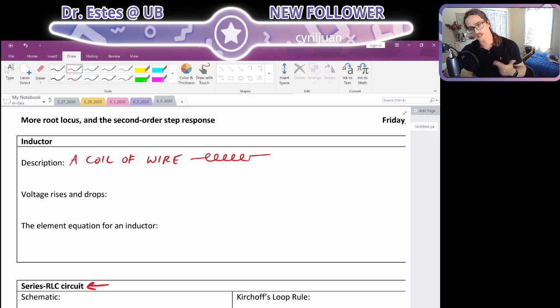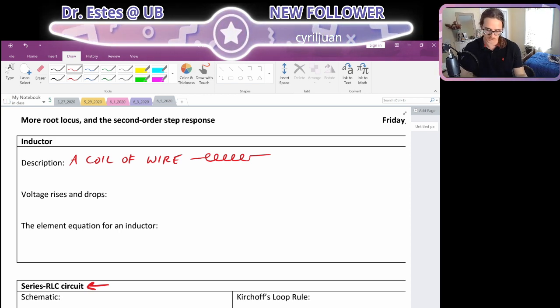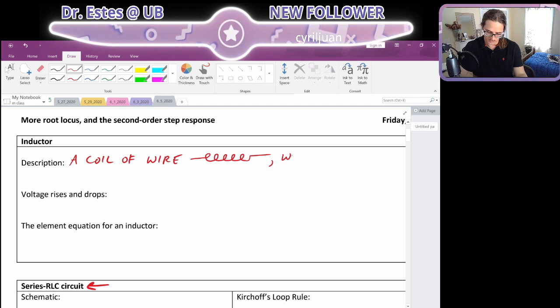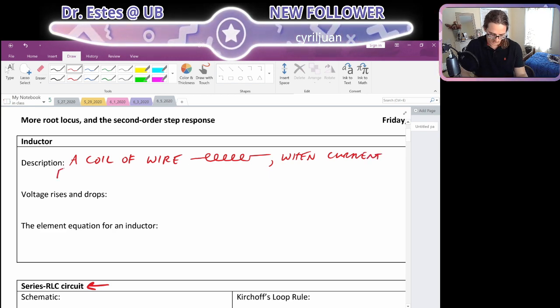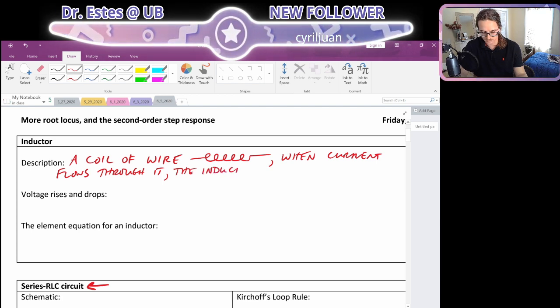When you coil wire circularly like this and you run current through it, so when current flows through it, the inductor creates a magnetic field.